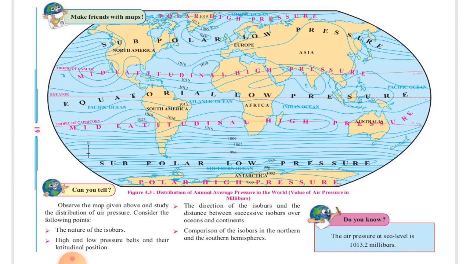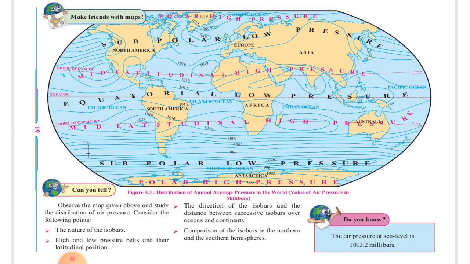Dear students, please keep in mind the air pressure at sea level is 1013.2 millibars. The students observe the map given above and study the distribution of air pressure.